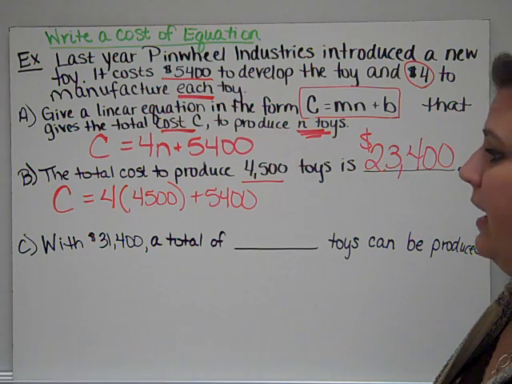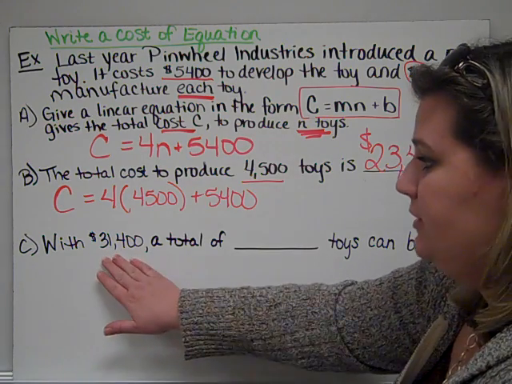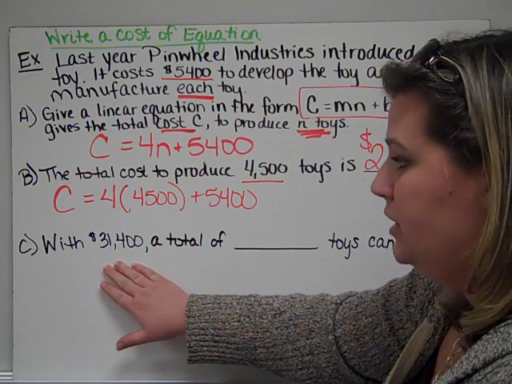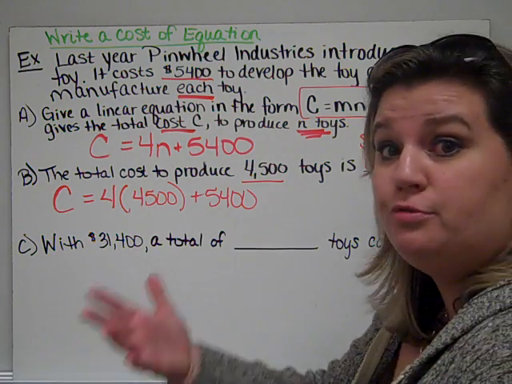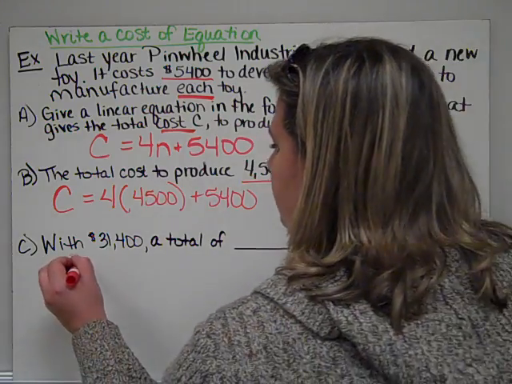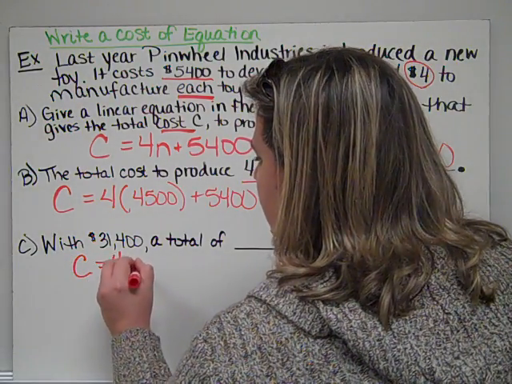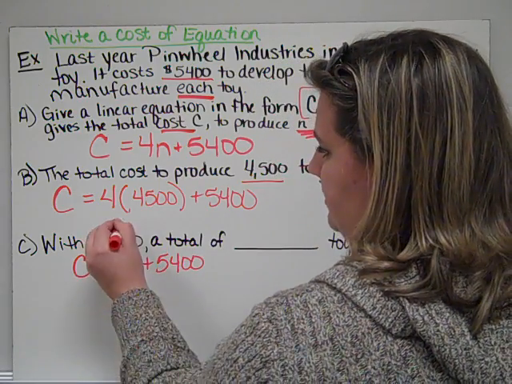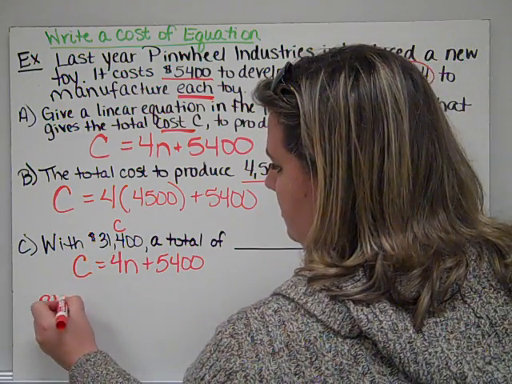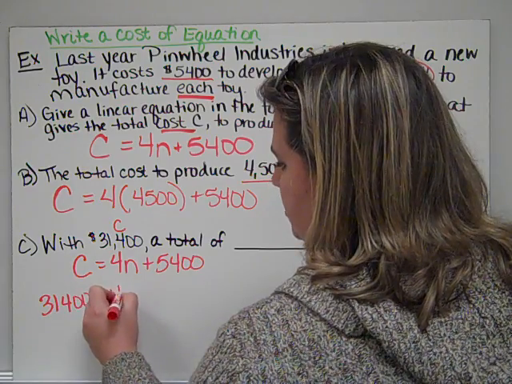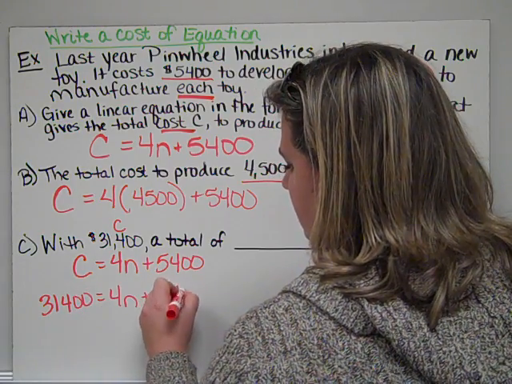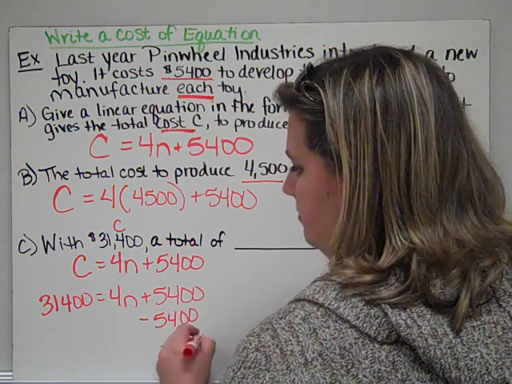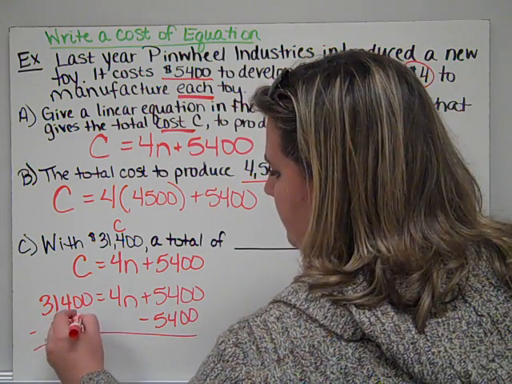Next one. We're going to go backwards now. If I have a total cost of 31,400, how many toys can I actually produce for that? So this is my initial equation, and that is my C, my total cost. You can see here that we're solving for our number of toys. So this is just isolating that variable.